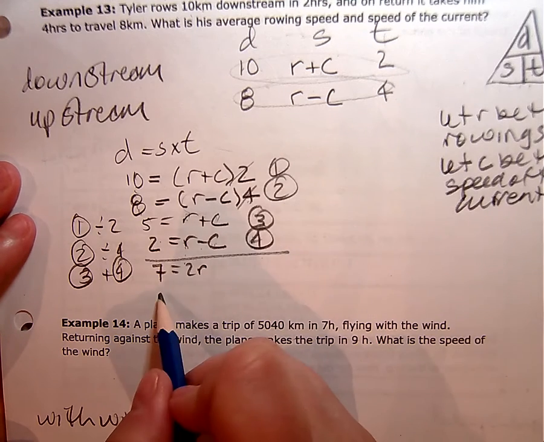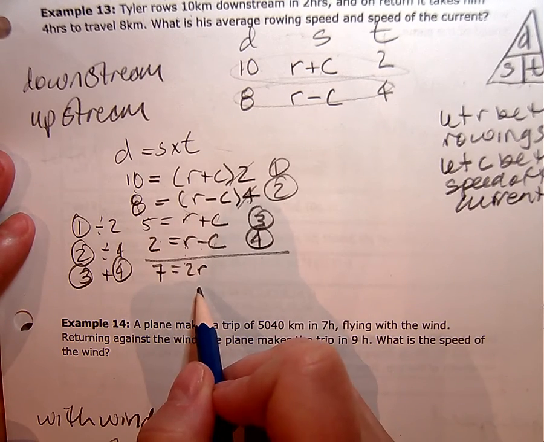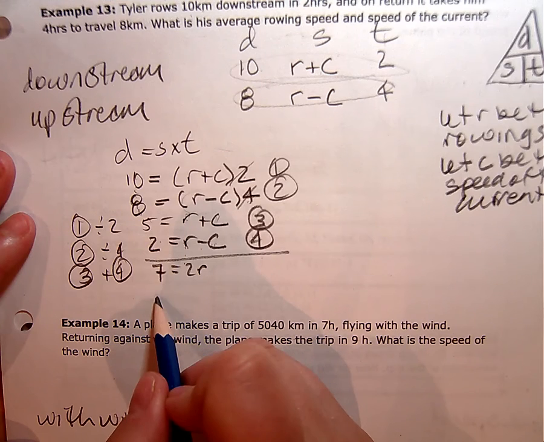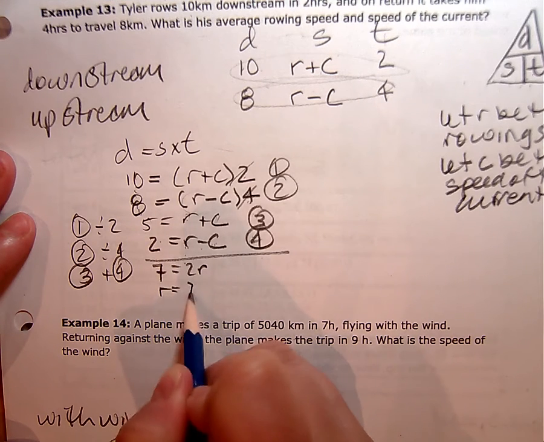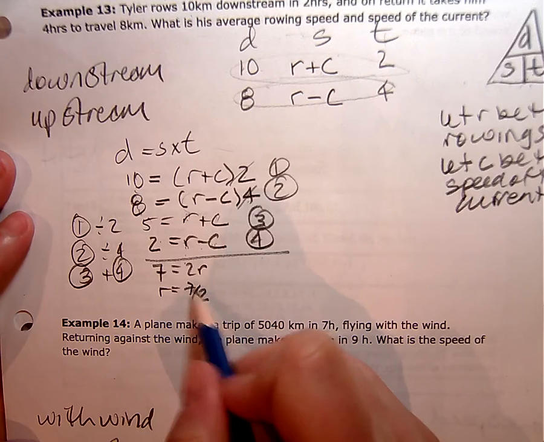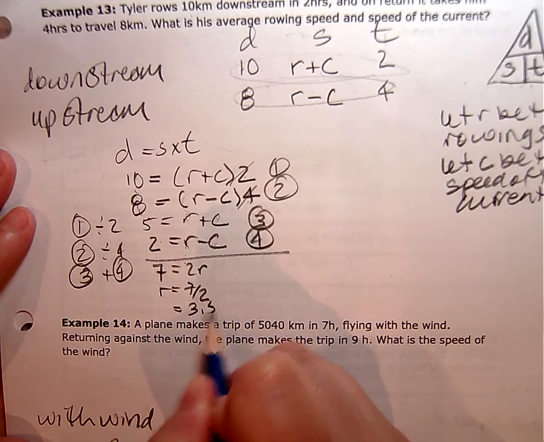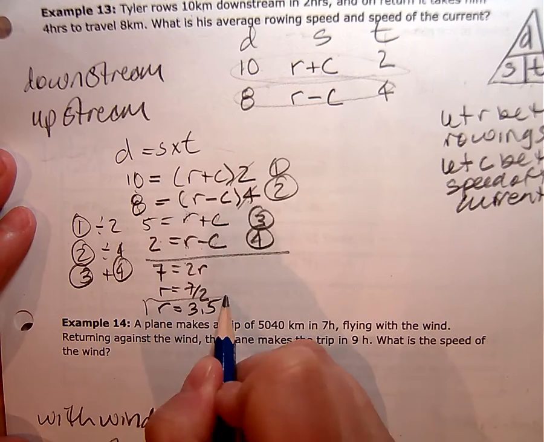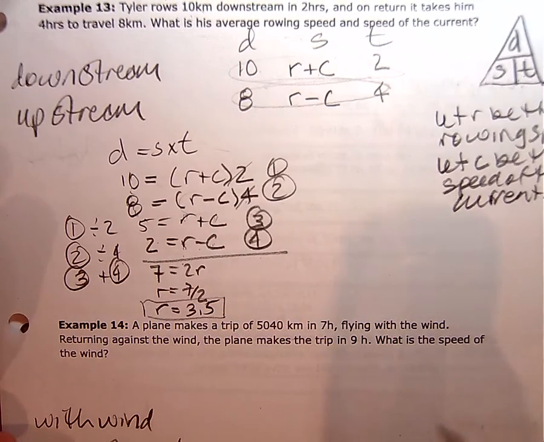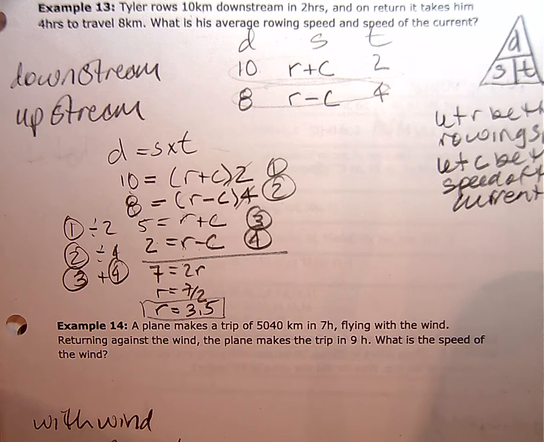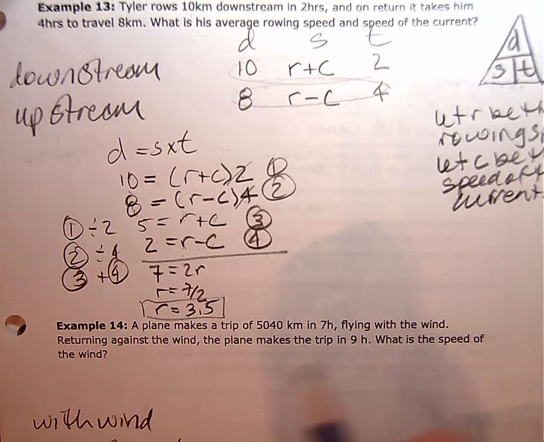So R, divide both sides by 2, so R equals 7 over 2, which is the same as 3.5. Of course, you would never say he rowed at 7 over 2 kilometers an hour. We would say 3.5.